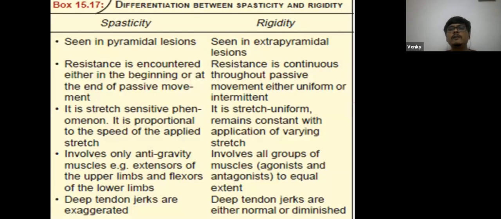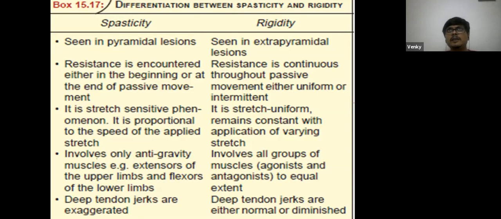So, coming to the difference between spasticity and rigidity. Spasticity is usually seen in UMN pyramidal lesions, and resistance is encountered either in the beginning or at the end of the passive movement. It's a stretch sensitive phenomenon. It's velocity dependent, involves only the anti-gravity muscles, and is associated with exaggerated DTRs.